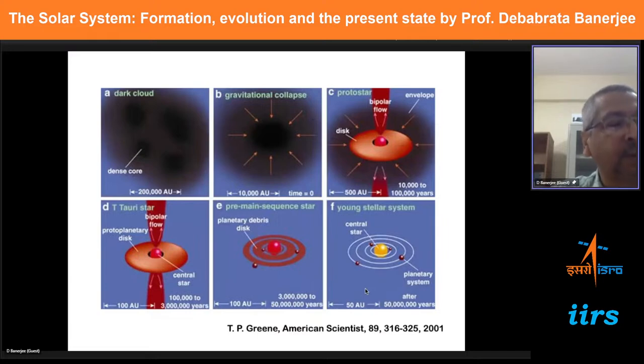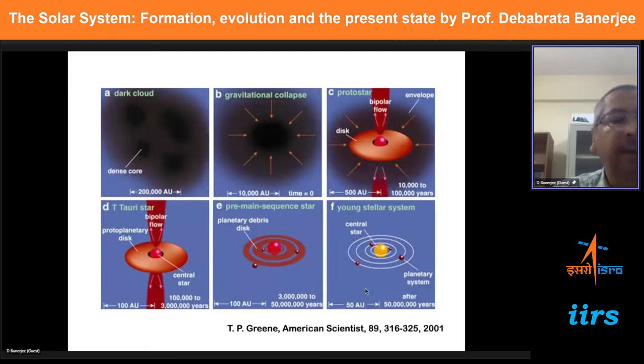This is visible in optical wavelengths as well, and it has been seen by observatories. And then you also have bipolar flow, and this is still a pre-main sequence star.